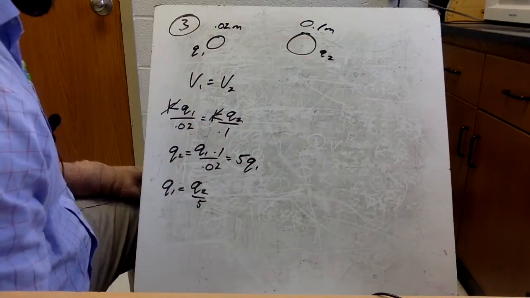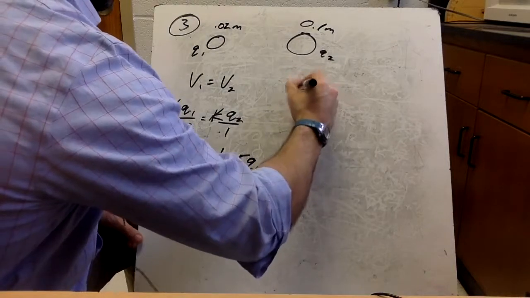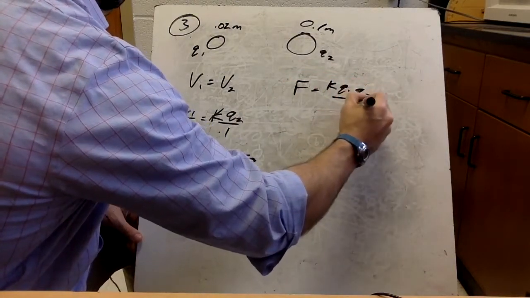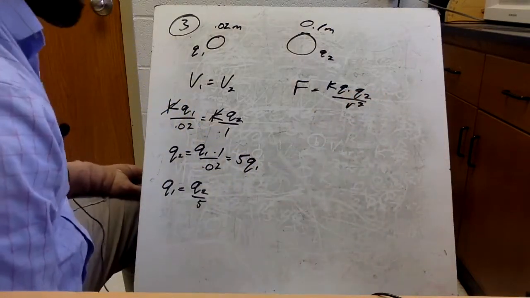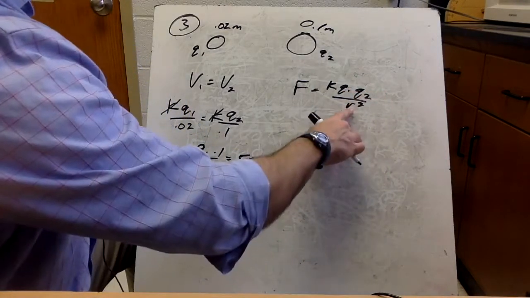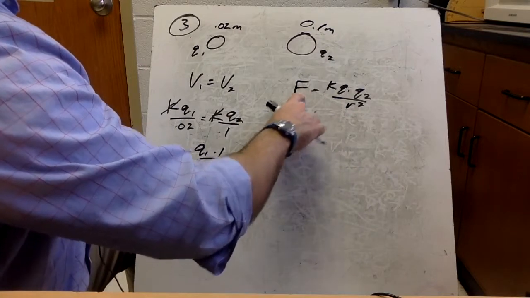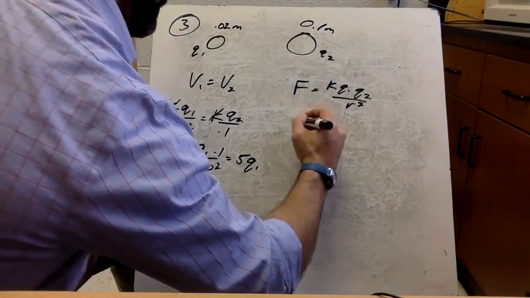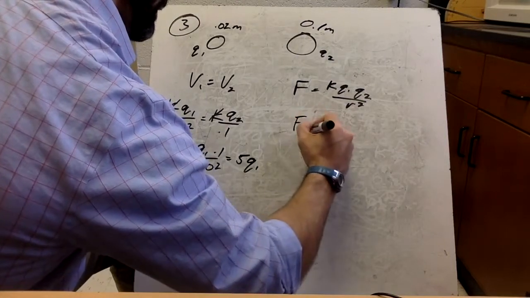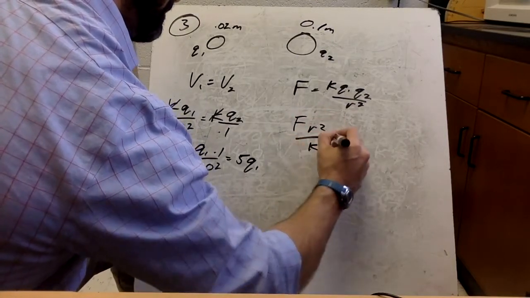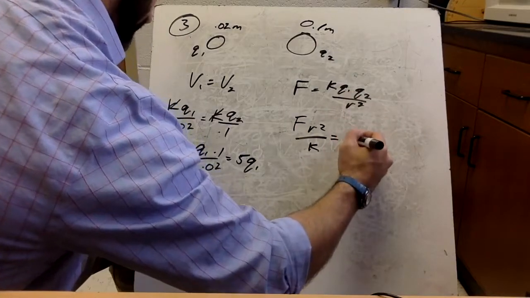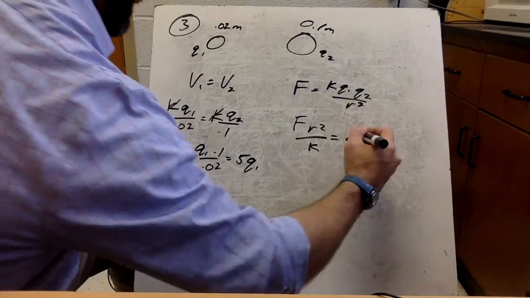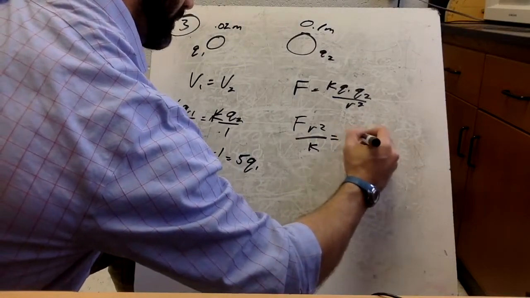Okay, and so now what do we know? The force is the same, so F is K Q1 Q2 over r squared. We know the distance between them, we know the force, and we know one of these charges in terms of the other. So we can say that F r squared over K is equal to Q1 times Q2, and Q2 is 5Q1, so that's 5 times Q1 squared.